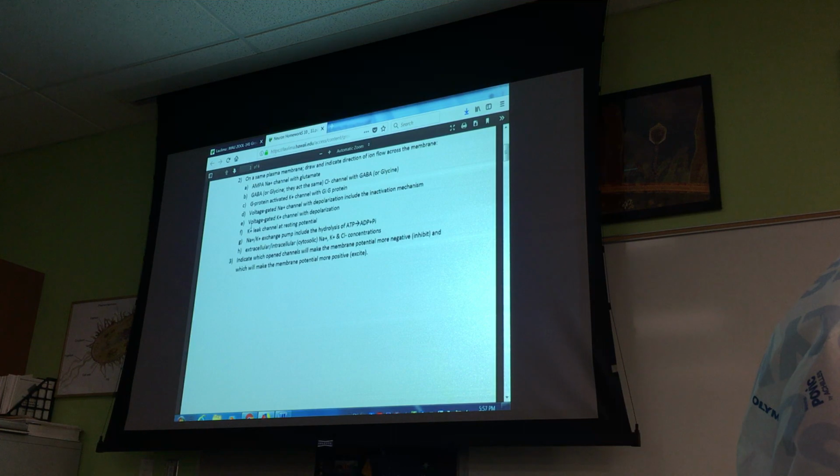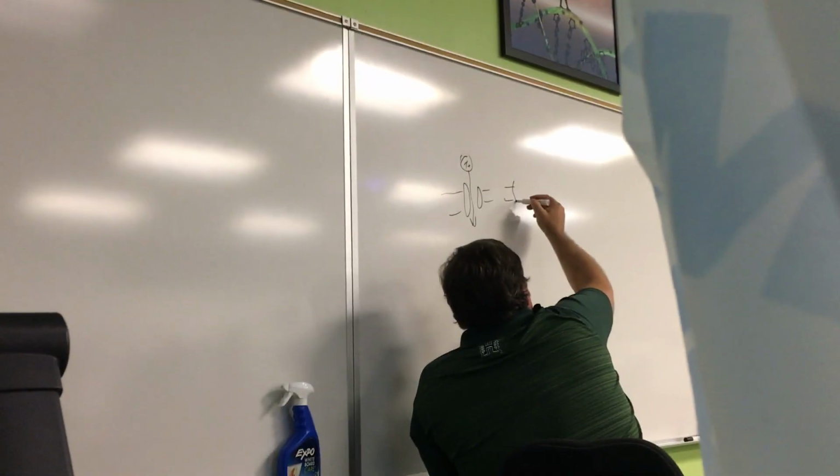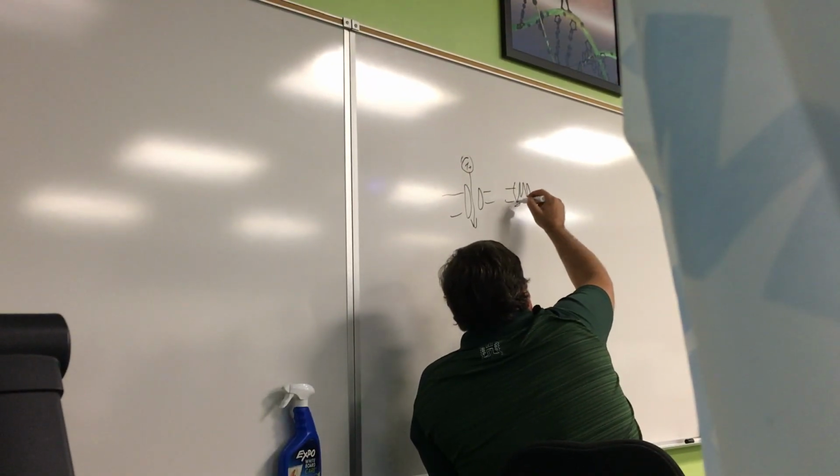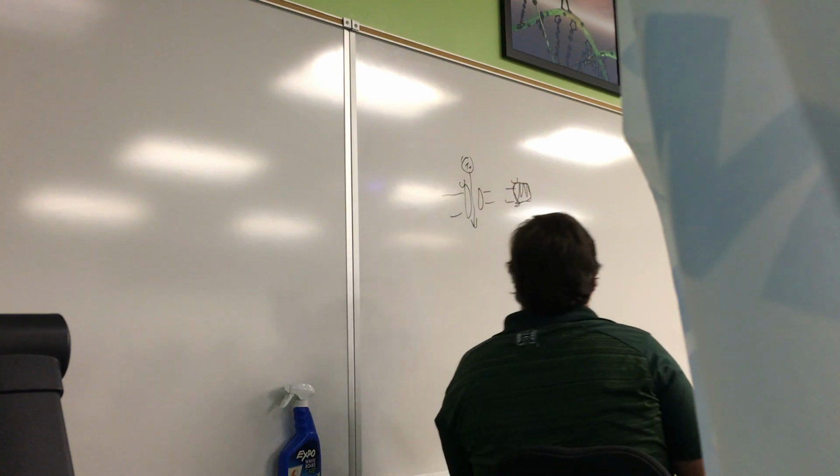It all has to do with whether it's a channel or not. Ionotropic allows ions, positive or whatever, to cross. GPCRs don't. Is it allowing sodium through that AMPA channel?